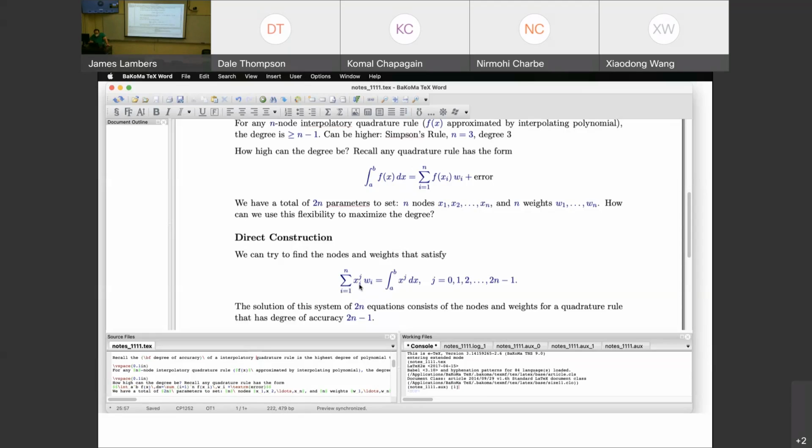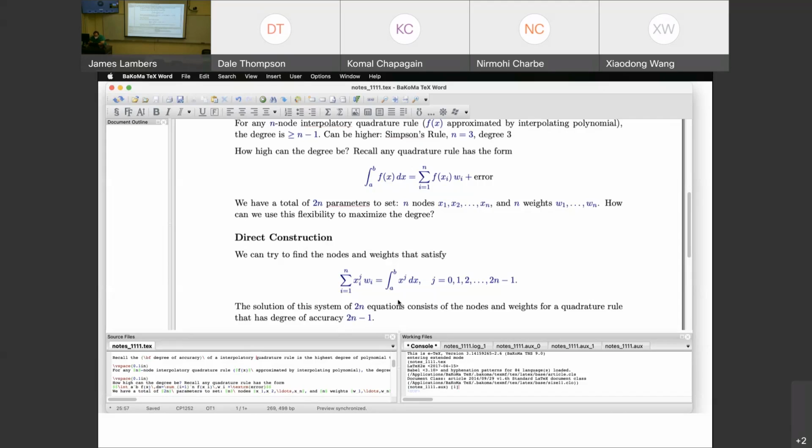Because we have 2n unknowns, we can balance it out with 2n equations. So now we can try to solve this system of equations for the n nodes and the n weights, and then we would have a quadrature rule that has some maximum possible degree.